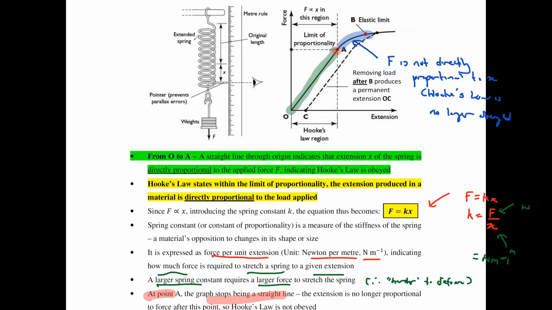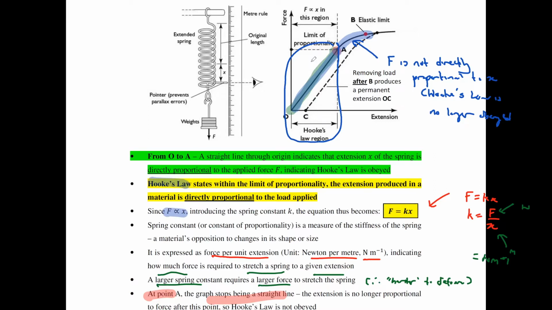It's only at this region here where Hooke's law is obeyed. Only the straight line portion. You see this part here is where your graph is a straight line. This part of your graph, which is a straight line, tells you that force is directly proportional to extension. Therefore, Hooke's law is obeyed.